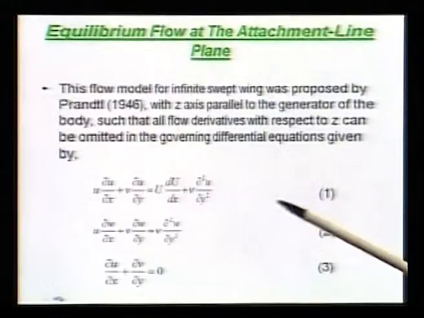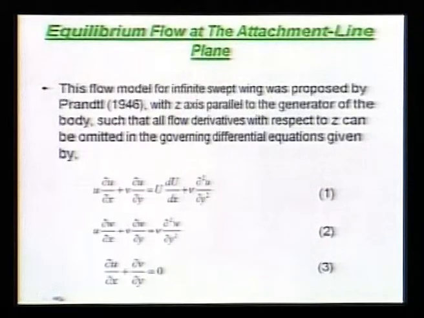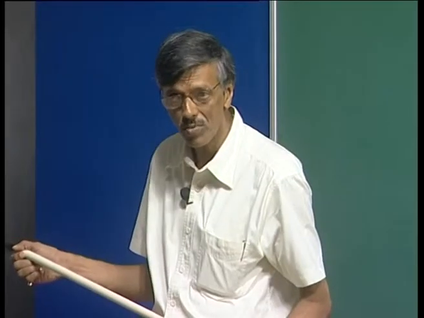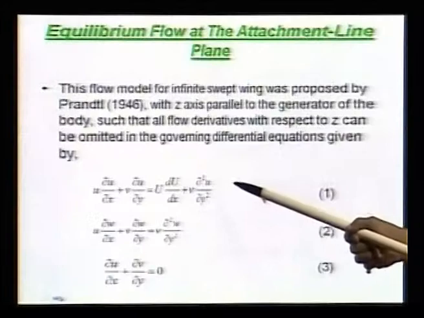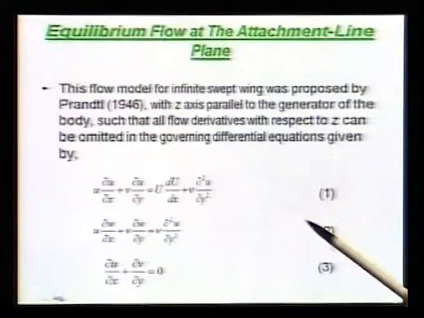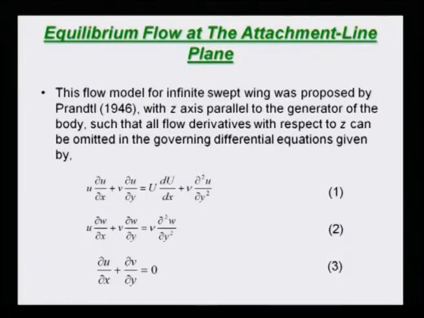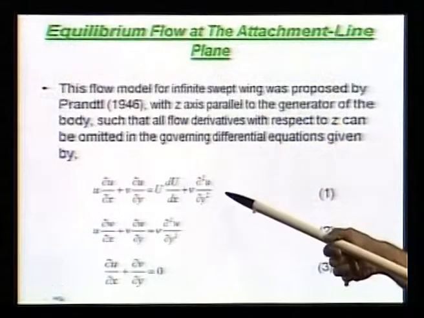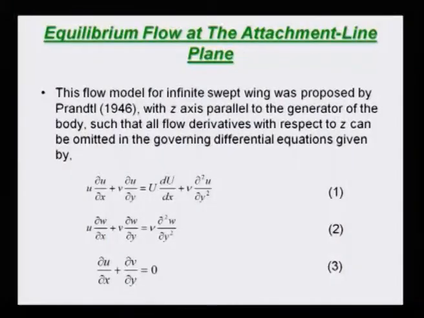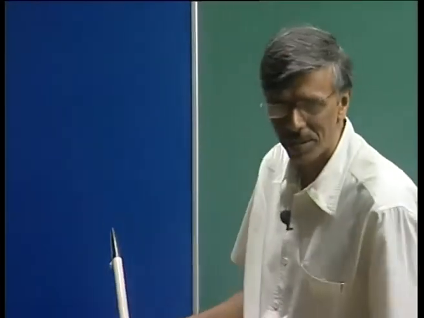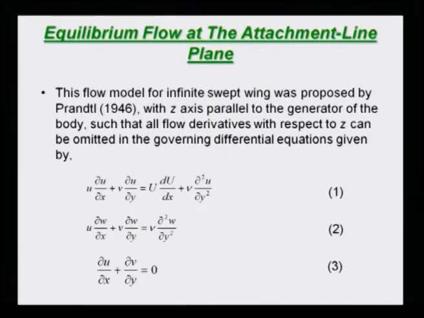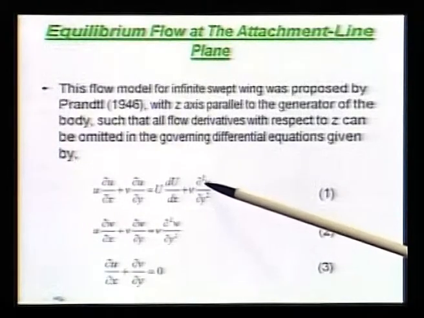What have we done here? Of course, we have taken a boundary layer approximation, so that the streamwise diffusion is negligible compared to wall normal diffusion. And what happens to the z direction? Of course, because of the infinite swept assumption, that term is 0. If del u del z is 0, all its derivatives also will be 0. So, the second derivative automatically falls off. So, that is your x momentum equation.